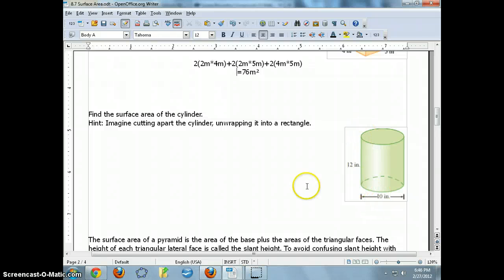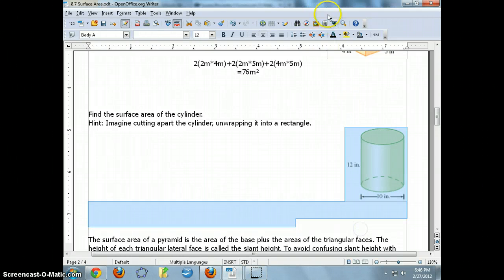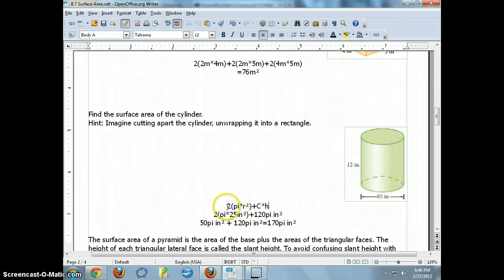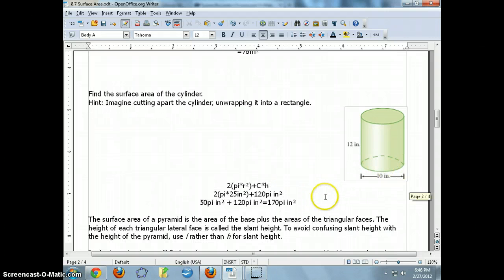If we set that up, there's a lot going on here. There's 2 circles, so it's 2 pi r squared plus the circumference times the height. Circumference is acting as the same thing as the base of your rectangle if you unfolded the cylinder. Once you plug in your values and evaluate, you should get 170 pi inches squared.